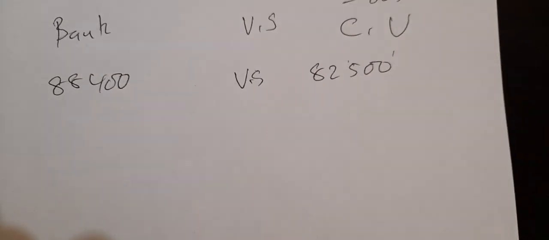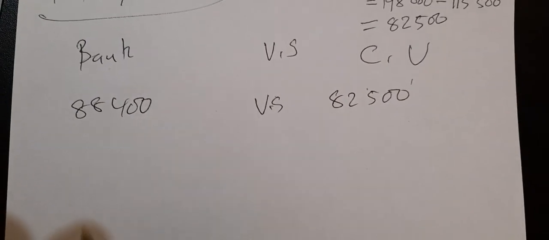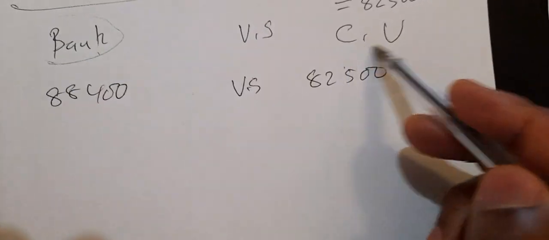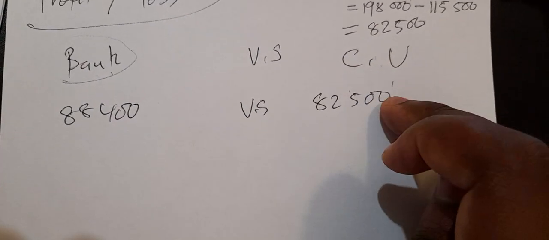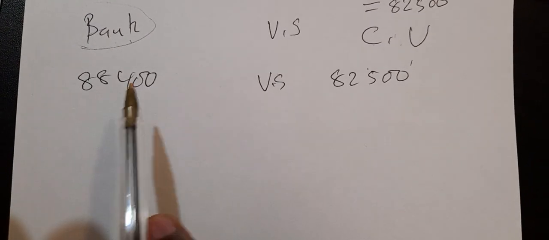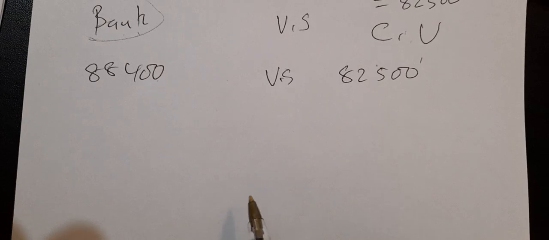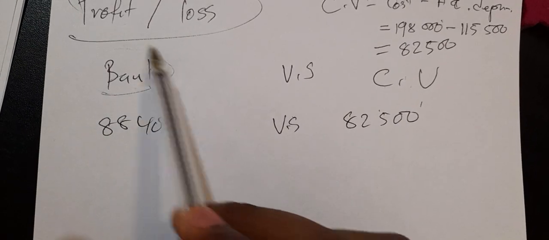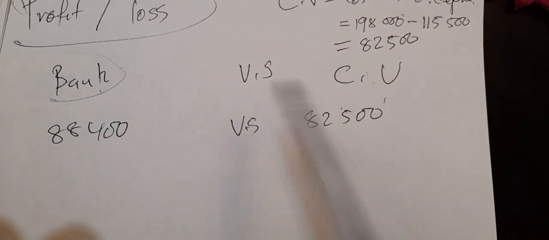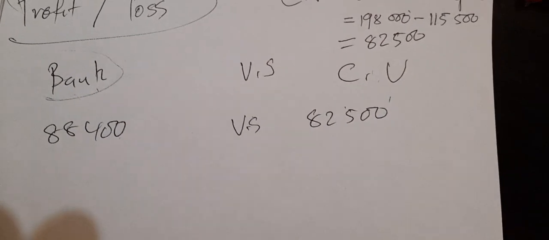Now, remember I said, if the amount which we received is higher than the carrying value, remember this is the book value, it means we have made a profit, which would be the difference between the two figures. But if the amount which we received is less than the carrying value, it means we would have made a what?